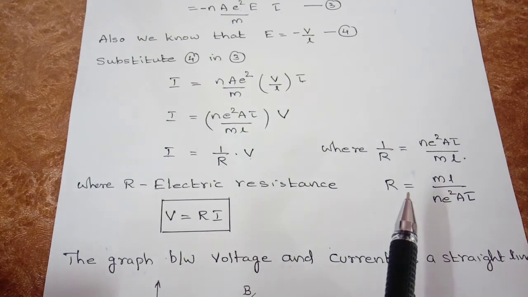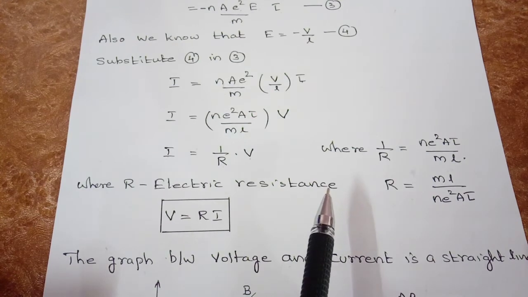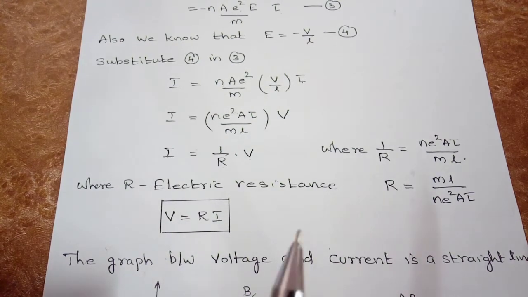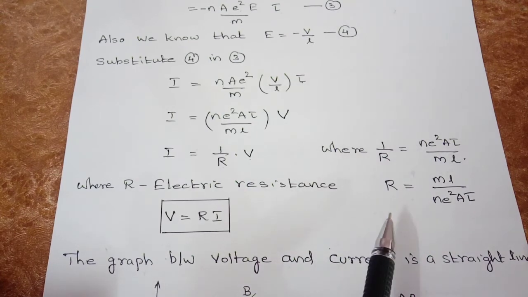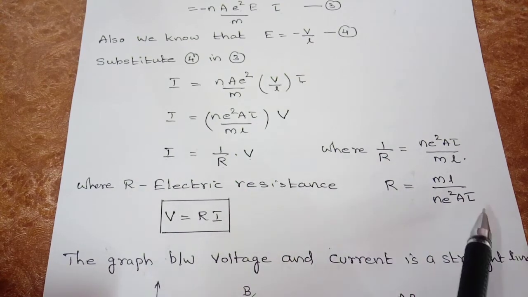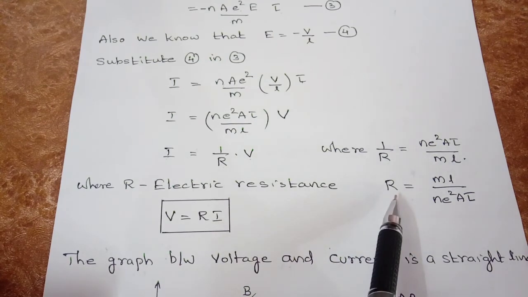When collisions become frequent, the average time interval between collisions decreases. So when the temperature increases, the relaxation time decreases. Since R is proportional to 1 by tau, when relaxation time decreases, resistance increases.